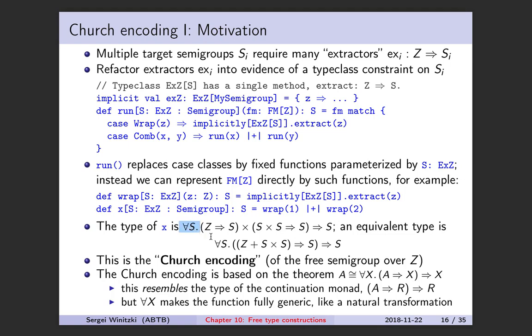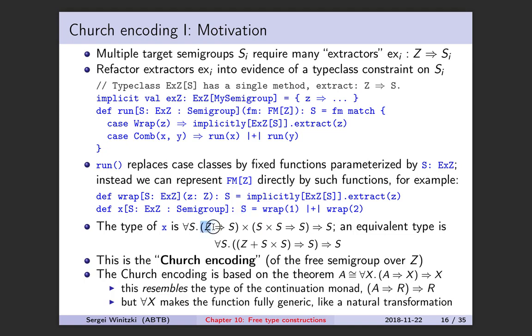So for all S, we have a function that takes the extract Z type class evidence, which is a function of type Z to S. It takes the semigroup class evidence, type class evidence, which is this method, and it produces a value of S.